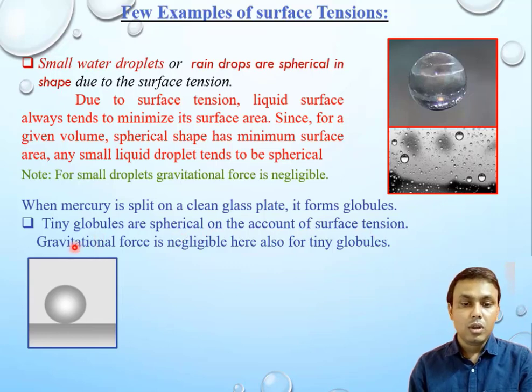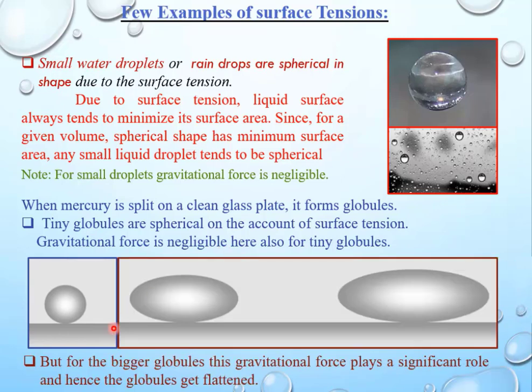Here also the gravitational force is negligible. If we take bigger globules, then we will see this kind of figure. For bigger globules, the gravitational force plays a significant role and hence the globules get flattened.